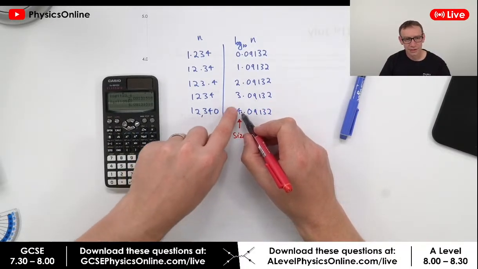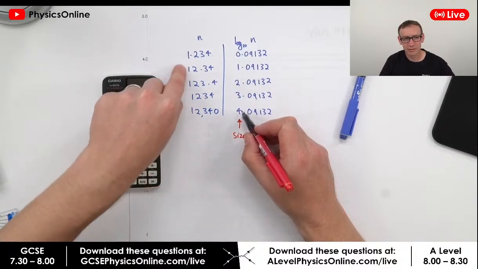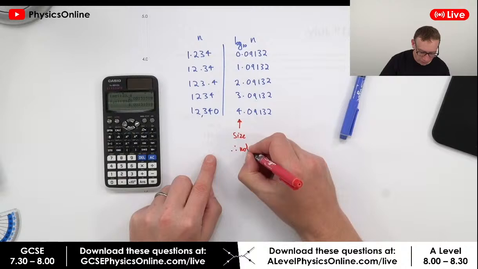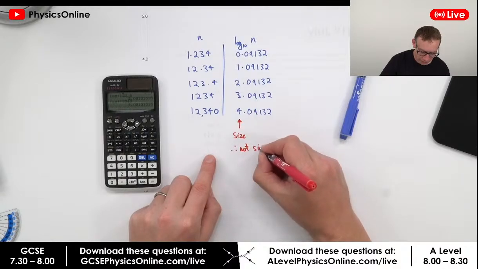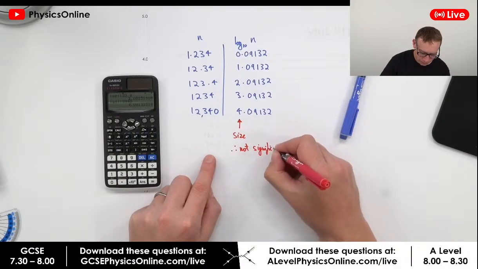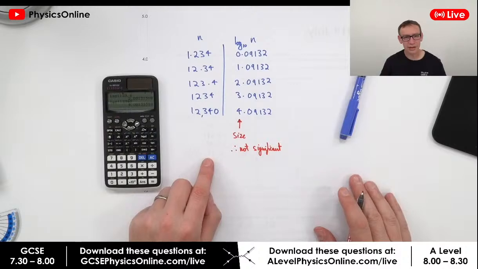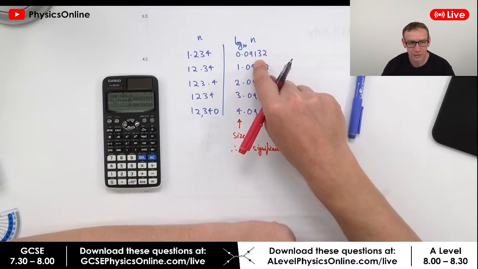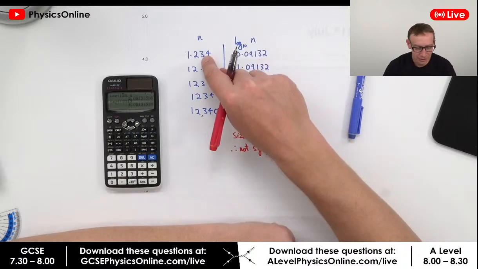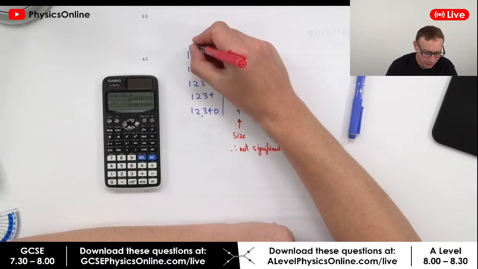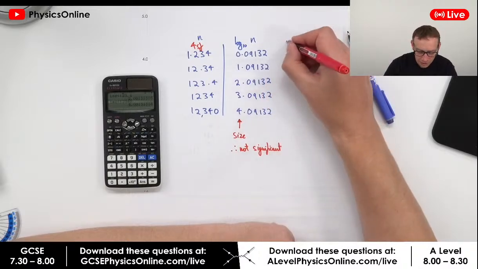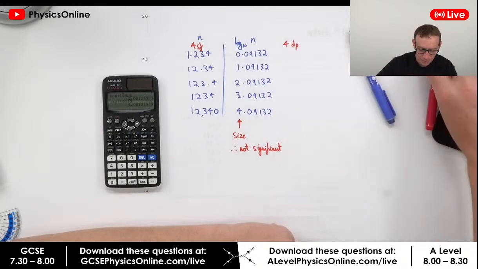So this number just tells you about the size of that number, and therefore it's not significant. Instead, what's significant is what's over here. Really, if this number is given to 4 significant figures, then you should give this answer to 4 decimal places.